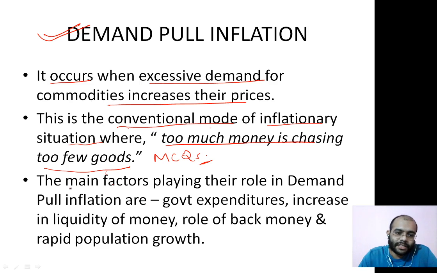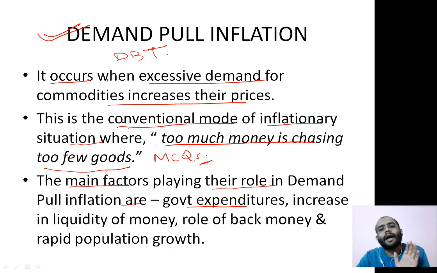The main factors, the causes playing their role in demand pull inflation, are government expenditures. Government incurs expenditures that lead to demand pull inflation. Government provides subsidies. In the present day, government provides DBTs, direct benefit transfers, to the people's bank accounts, thereby pushing liquidity into the market. Increase in liquidity, increase in demand, increase in inflation.